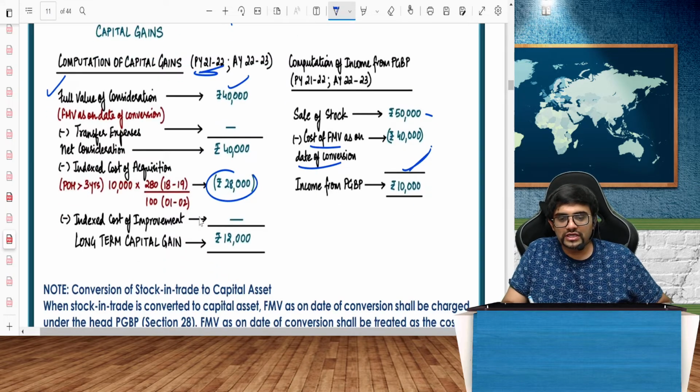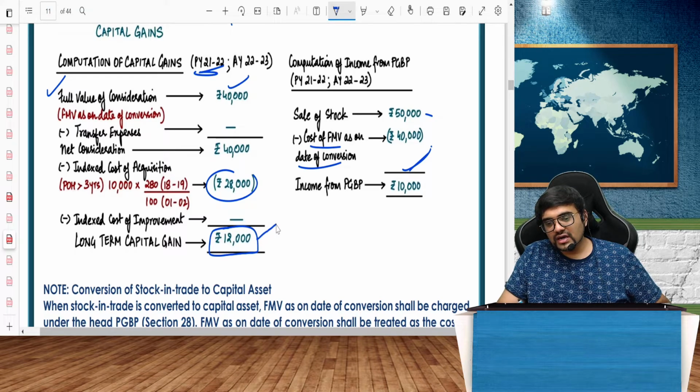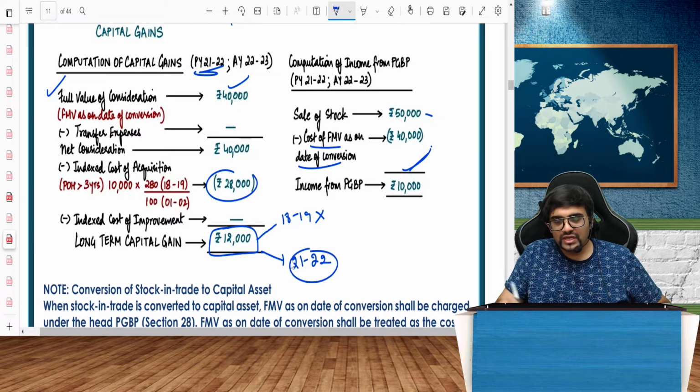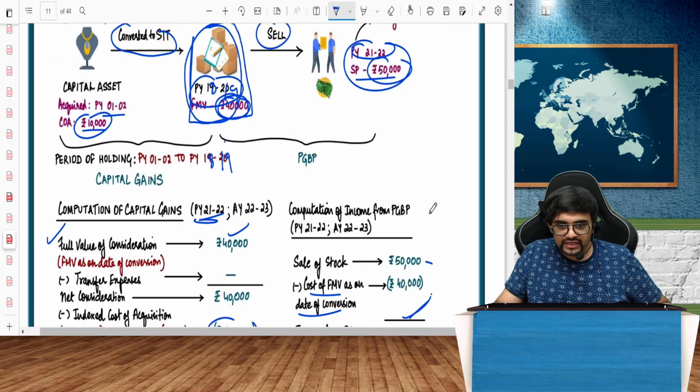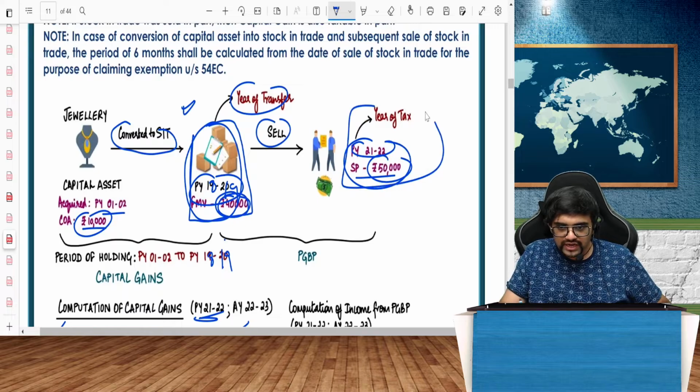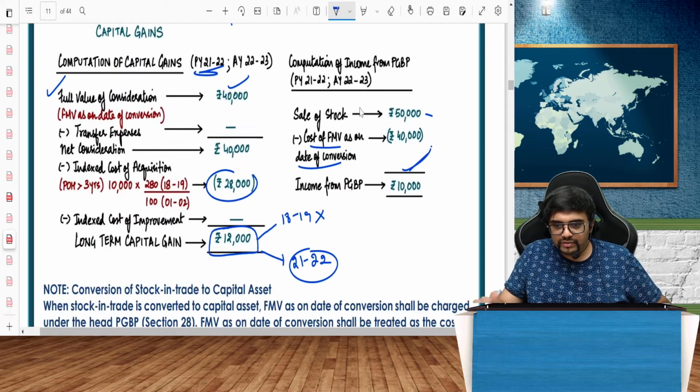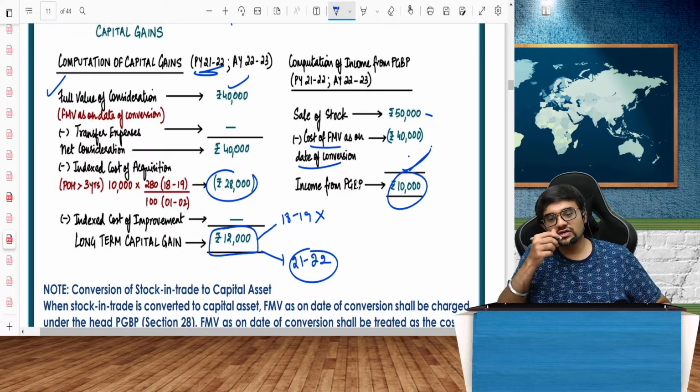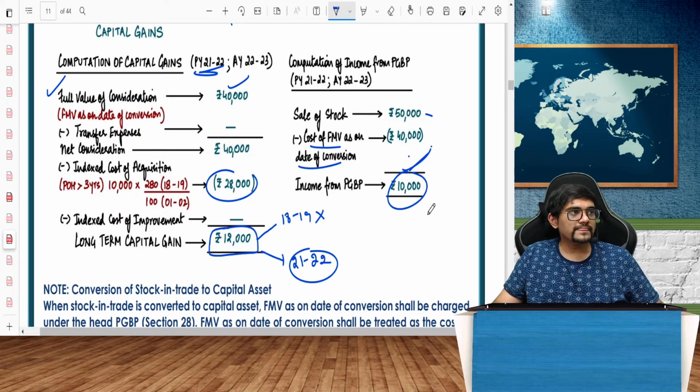So long-term capital gain, 12,000. Though this capital gain actually came in 18-19, I will not pay in 18-19. I will do it in 21-22, the year that particular asset is sold. And separately, I will also compute PGBP. Did you understand this concept? Yes or no? All of you, come on, respond.